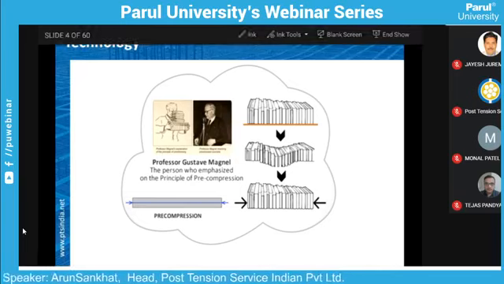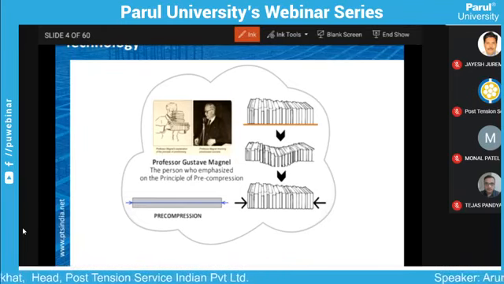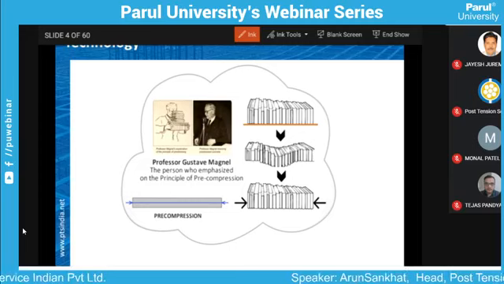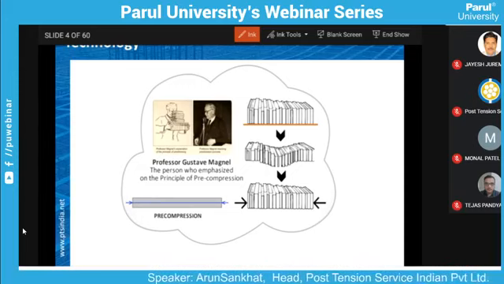Pre-compression can be easily explained with this example. This is a favorite example of Professor Gustav Magnel, who has done a lot of work on pre-stressing, and he explained this mechanism of pre-compression with the help of a stack of books.